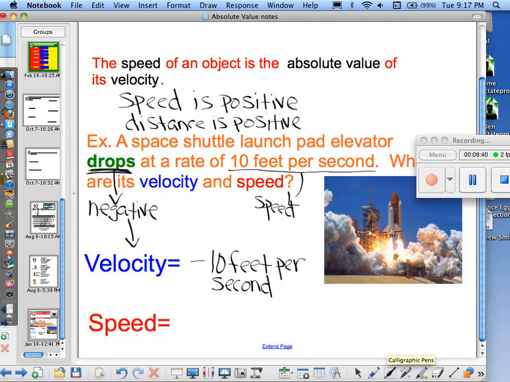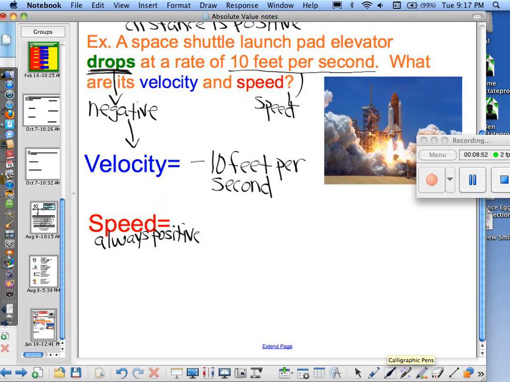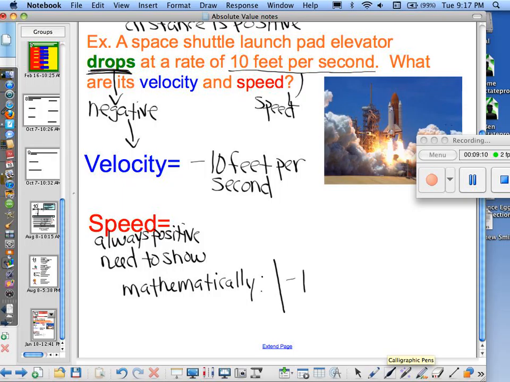So that's our velocity. It's telling us our direction. However, the speed is always positive. So let's make a little note of that. Speed is always positive, so we need to show that mathematically. Okay, so to do that, we need to take the absolute value of our velocity.